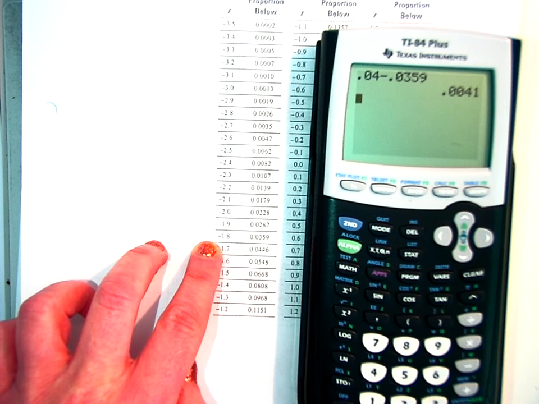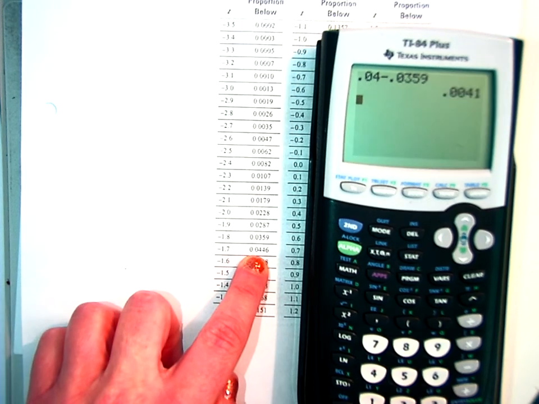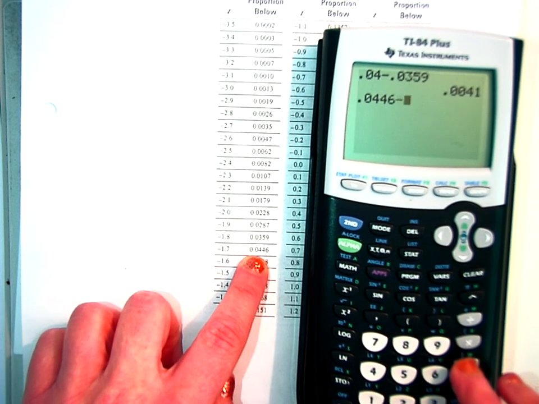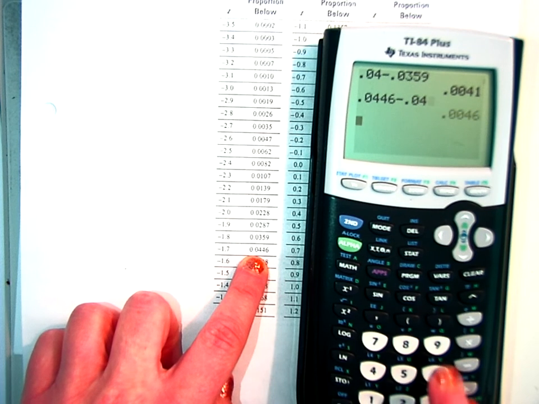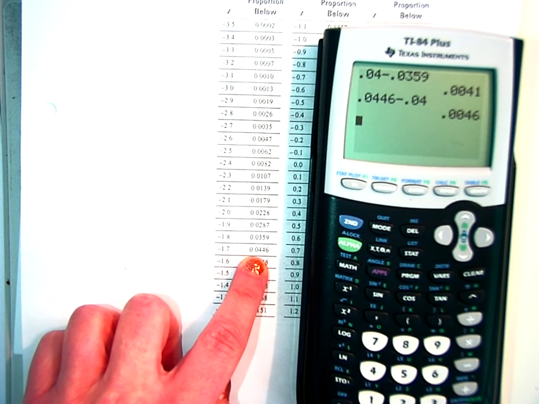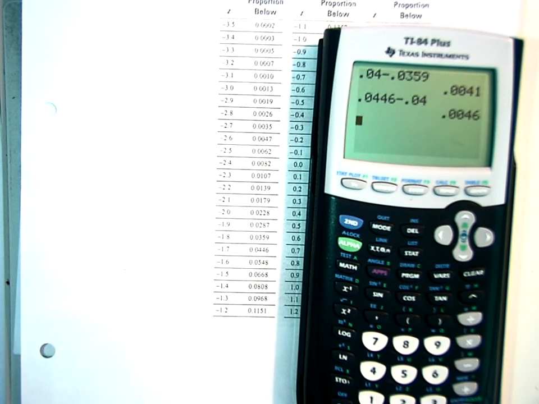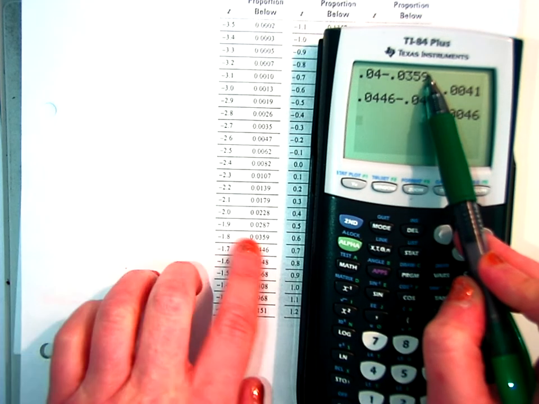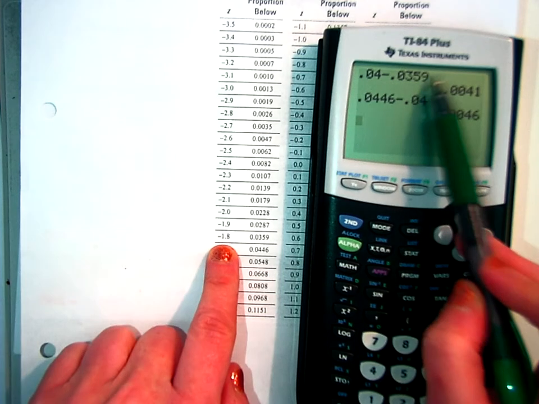That's how far away they are, 0.0041. And then if I check this one, 0.0446, take away 0.04, I get 0.0046. So they're both really close to that area of 0.04, but the one it's closer to is this one right here. So it's closer to the z-score of negative 1.8.